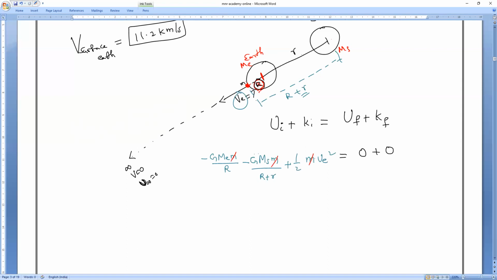Small m is common everywhere, we can remove it. So v square by 2, that is the escaping velocity, equals G M earth divided by R plus G M sun divided by R plus r.